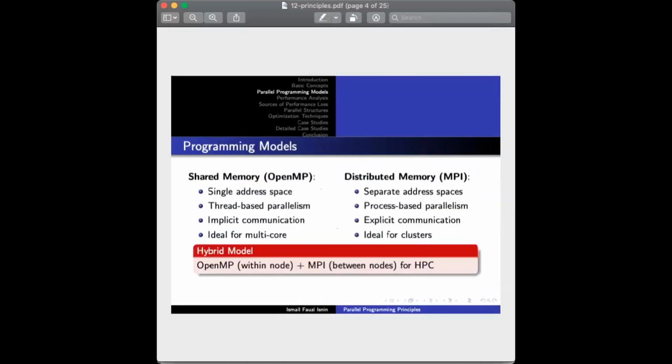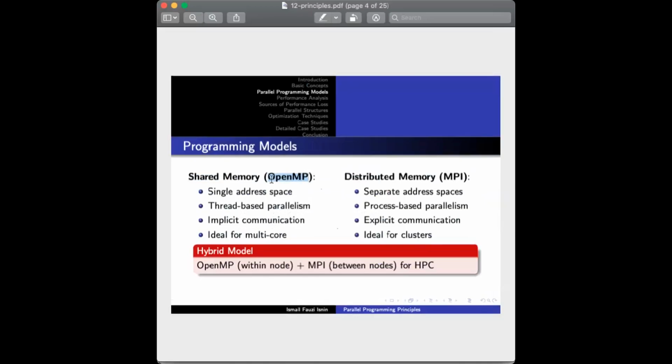So, programming models. When building a parallel system, your choice of programming model depends on your hardware architecture. First, we have shared memory, for which we use OpenMP, and the second one is distributed memory, which is MPI.